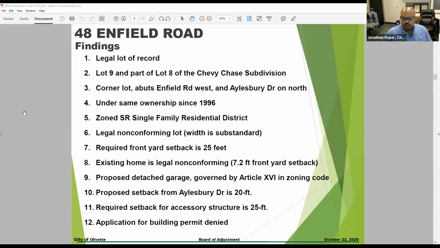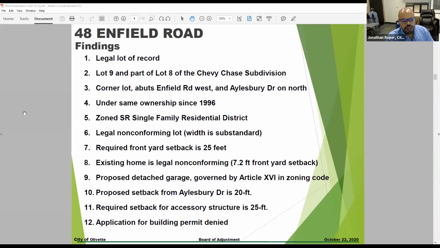It's a corner lot that abuts Enfield Road to the west, which creates a front yard, the first 50 feet of the property, and Aylesbury Drive to the north, which has a 25-foot setback. That means the rear of the property abuts the perpendicular side on Aylesbury Drive, and abutting Enfield Road, it's the side yard setback there.